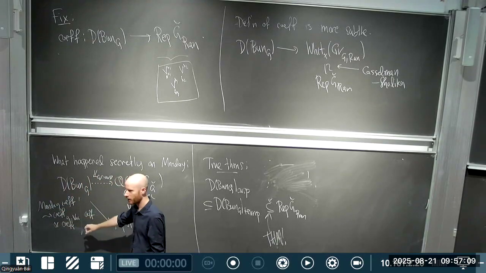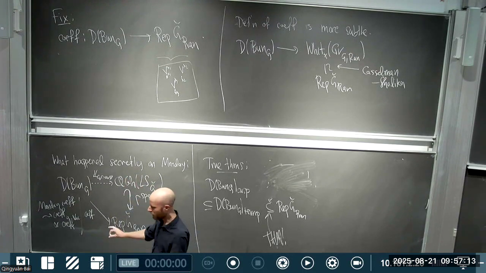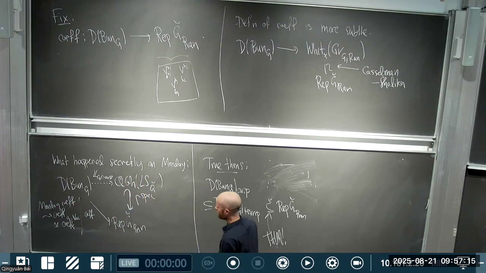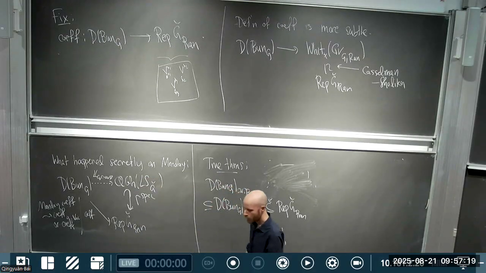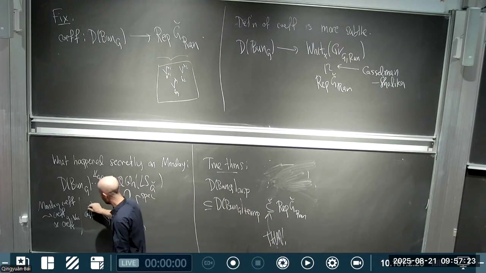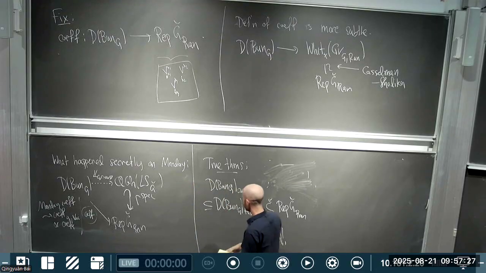I did a mortal sin on Monday, and I used notation that was going to be competing with notations later that week. But now you should take this as the official definition of coeff.